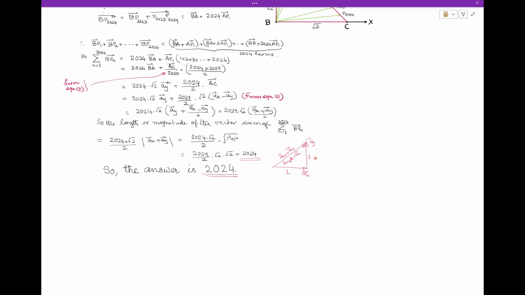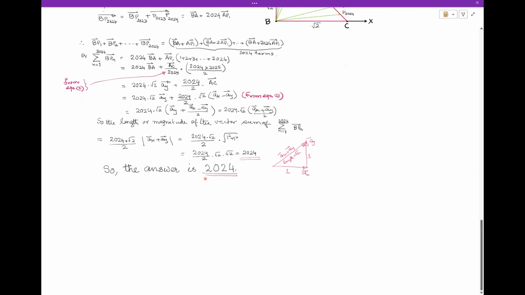Therefore, the vector sum of AX plus AY will be this hypotenuse, and its magnitude is square root of 1 squared plus 1 squared, that is square root of 2. Therefore, the answer is 2024.